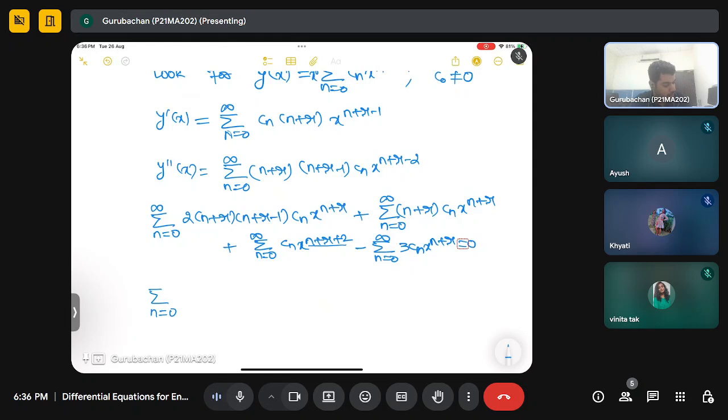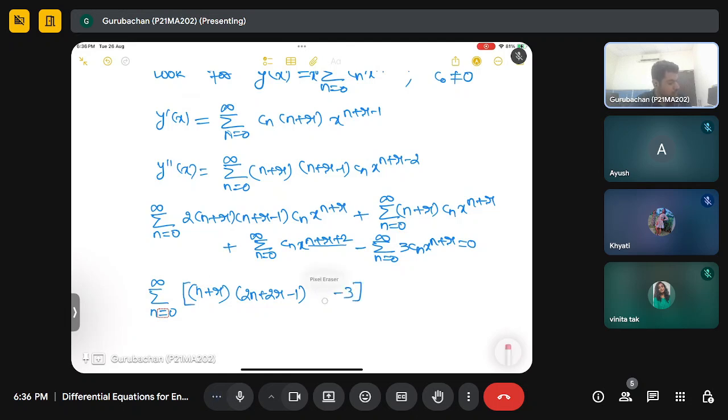summation n from 0 to infinity. If you combine these first two terms, what you will get is 2 times (n plus r), so this is 2n plus 2r minus 2 plus 1. So this will be (2n plus 2r minus 1) c_n minus 3.